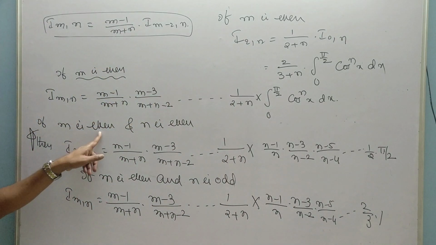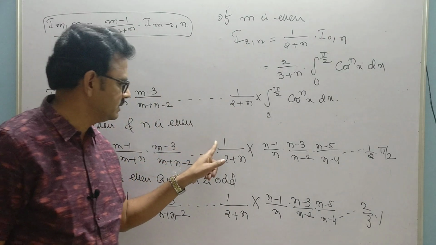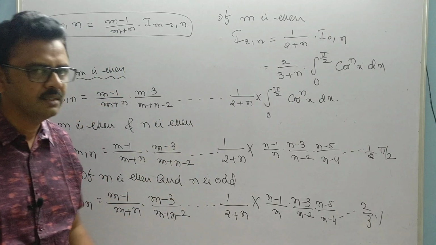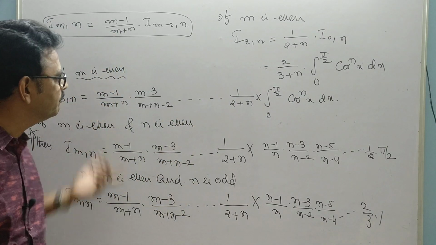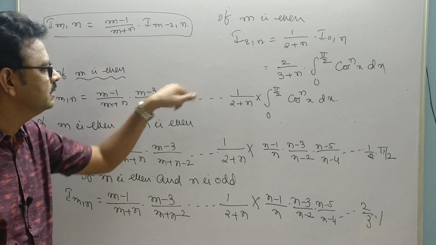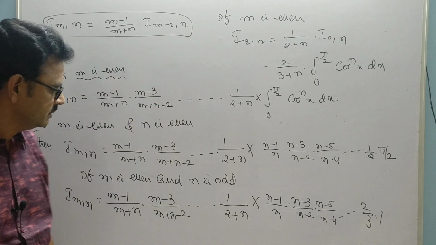So if m is an even number, you have two expansions depending on n. If m is an odd number, only one expansion, into 1 by n plus 1.